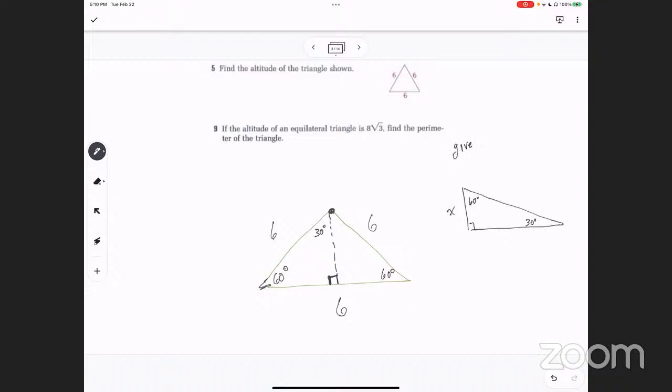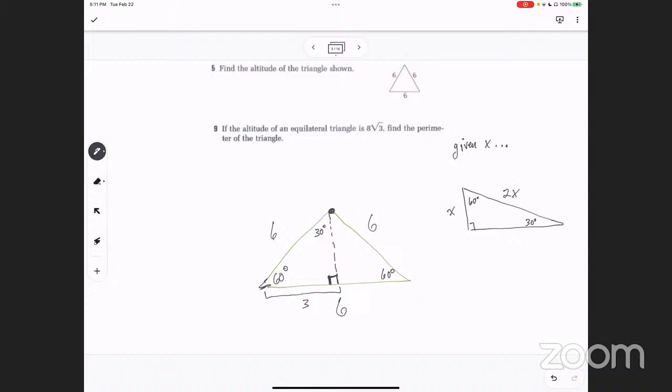If you're given the shortest side, then the longest side, which is the one across from the 90 degrees, is going to be double that. And you can see it right here. This whole thing was 6, then this has to be 3. So the biggest one is double the smallest one. So this would have to be 2x.